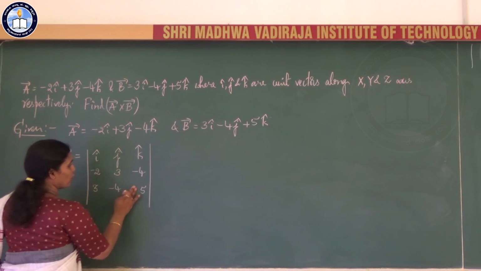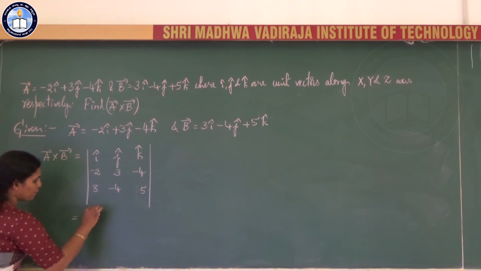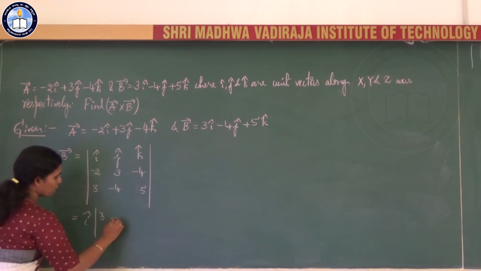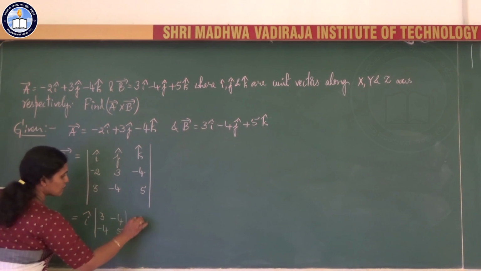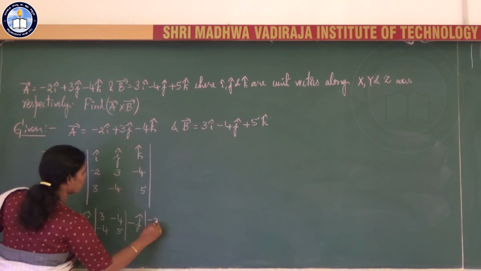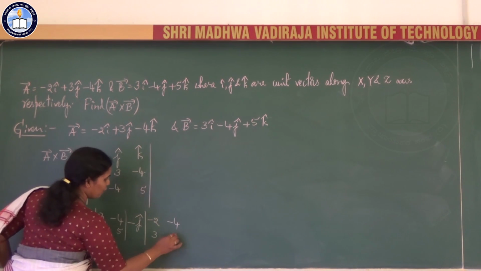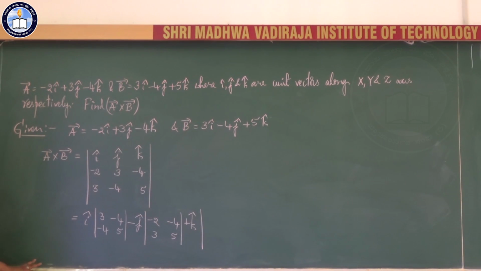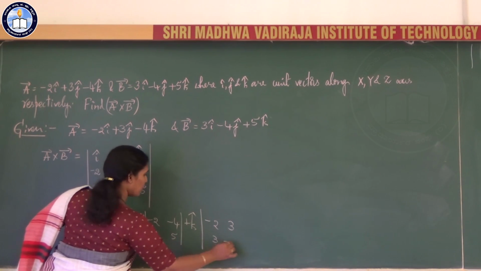Now this is i cap into, leave that row and column, remaining is 3, minus 4, minus 4, 5, minus j cap into, leave that row and column, you get minus 2, minus 4, 3, 5, plus k cap into minus 2, 3, 3, minus 4.